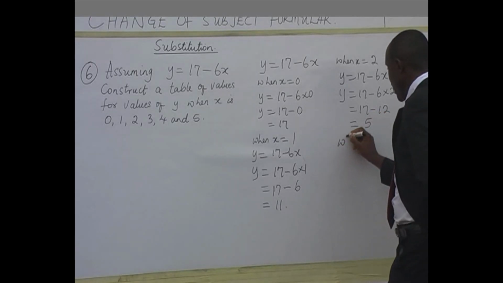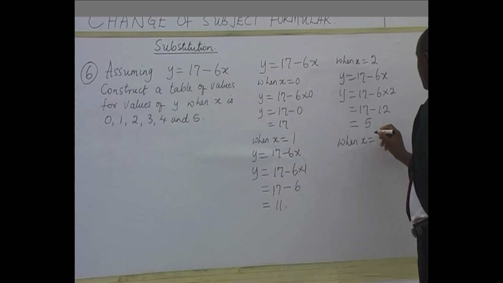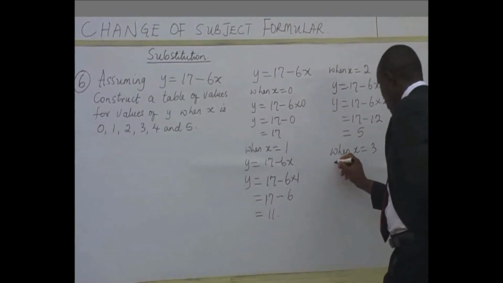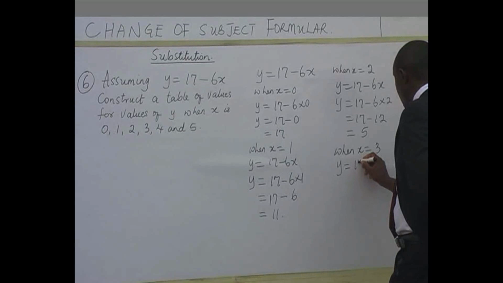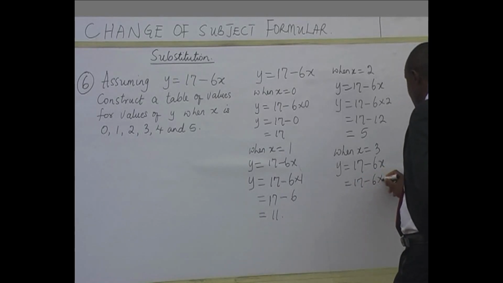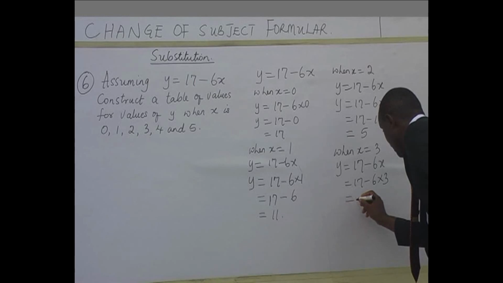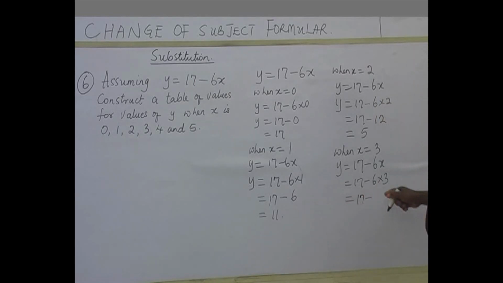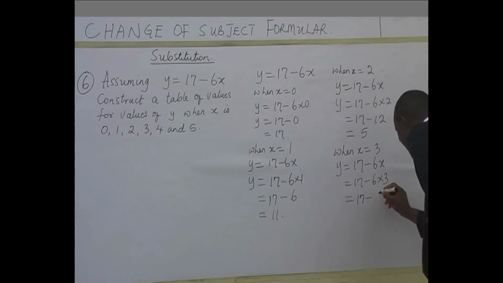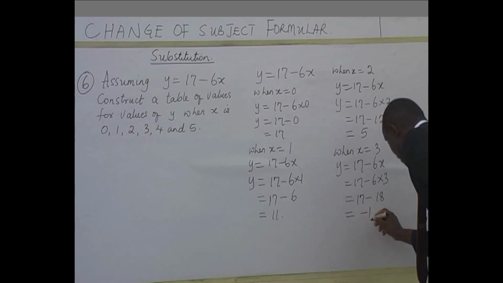The next one is when x is equal to 3, the next after 2. The formula is y is equal to 17 minus 6x. It's going to give you 17 minus 6 times 3, because you must substitute x with 3. 6 times 3 is 18. And if you subtract 18 from 17, you have minus 1 left.